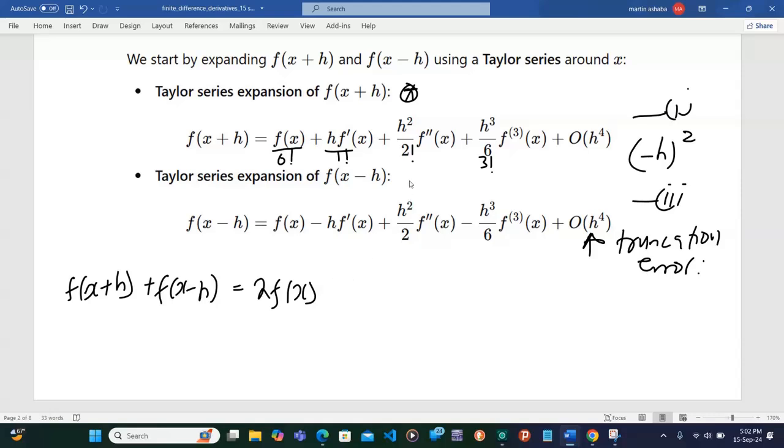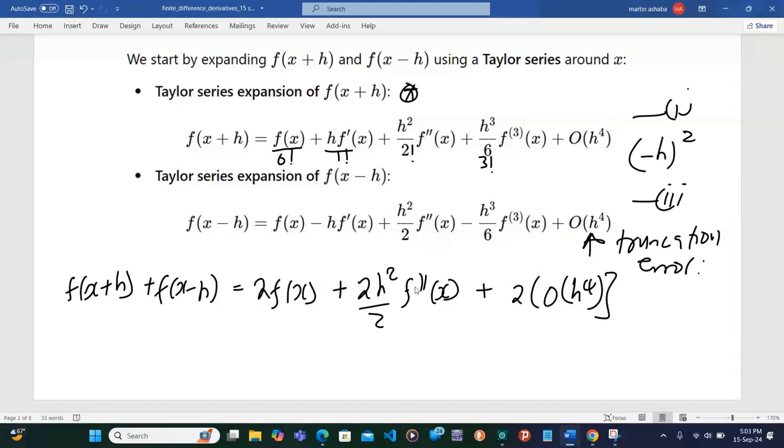So plus 2h squared times the second derivative of f of x divided by 2. Then this and that will go, and that and that. Obviously, it will maintain that O, that plus maybe let me say twice of O of h to power 4.